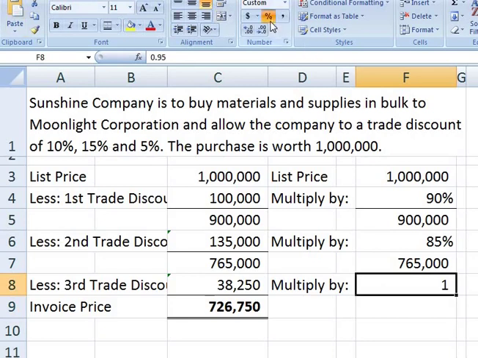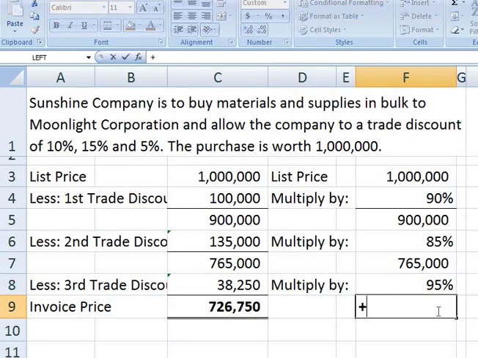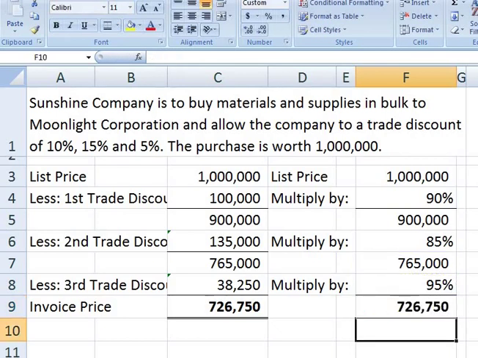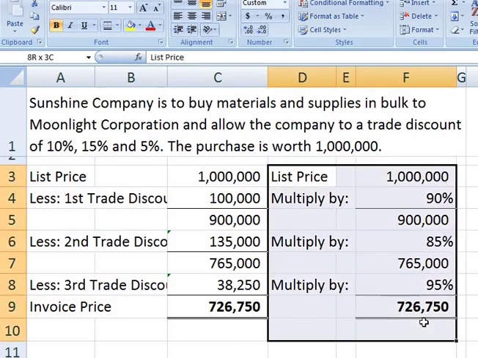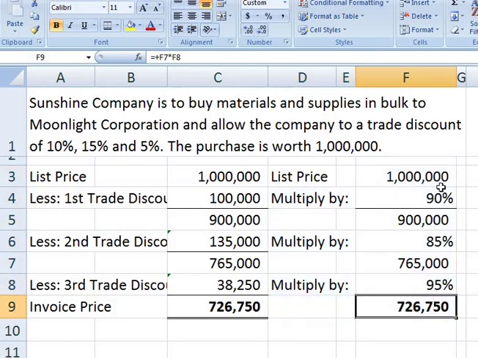So if that's 95%, then copy na lang natin dito, that is 765,000 times 95%. So you'll still get the same amount, 726,750.